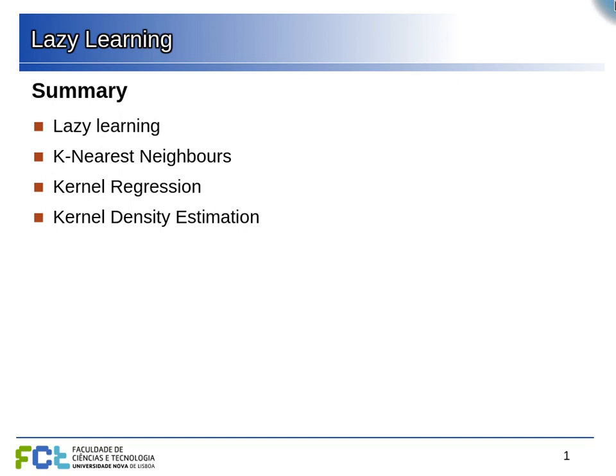So we're going to see an example of a lazy classifier, k nearest neighbor, and we're going to see also lazy learning applied to regression and other density estimation, probability estimation.